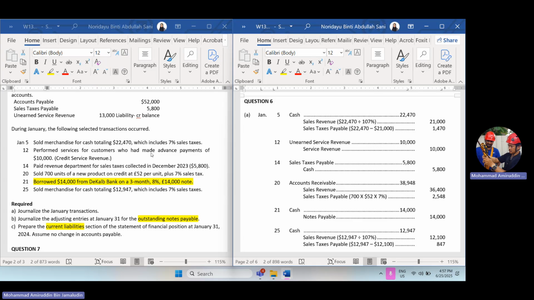My question, is this 22,470 already included the sales tax or not? What do you think? You read the statement. Is 22,470 already including sales tax or not? Already. Already.